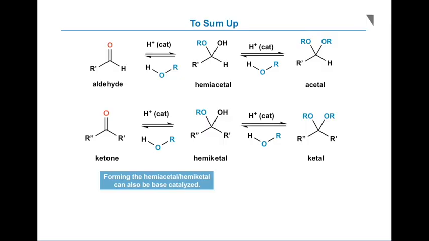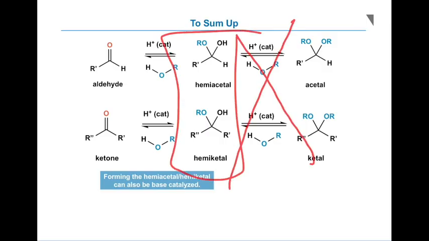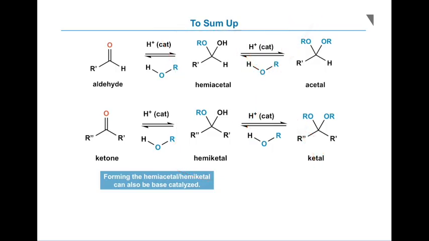Base catalysis can get you this far. Base catalysis will not allow you to go to the full one. If you look at the mechanism, that should become apparent to you. It's a problem we're going to look at in more detail. But that's a really key thing. If you're making ketal and acetals, these are acid catalyzed conditions, not base catalyzed. If you're doing hemiacetal, hemiketal, acid and base are both possible.